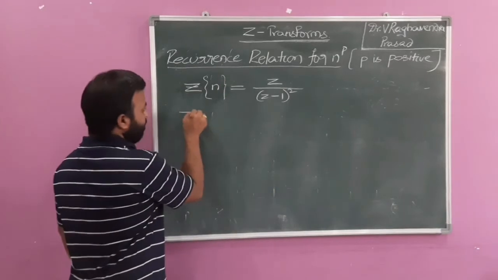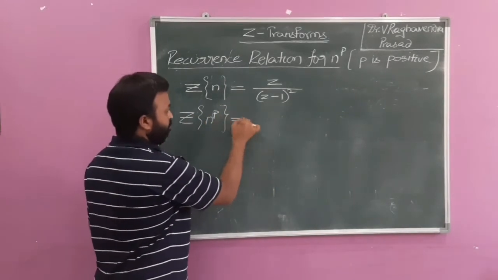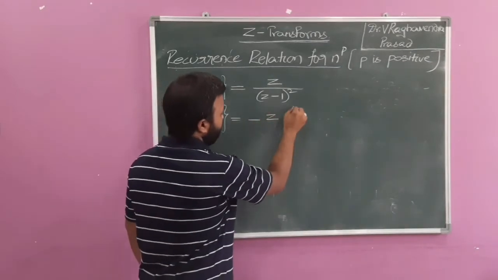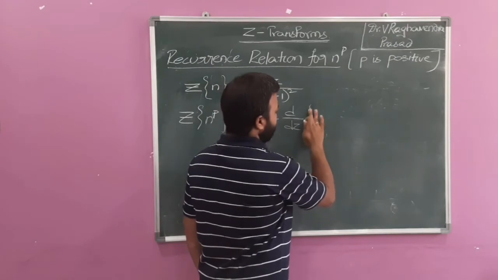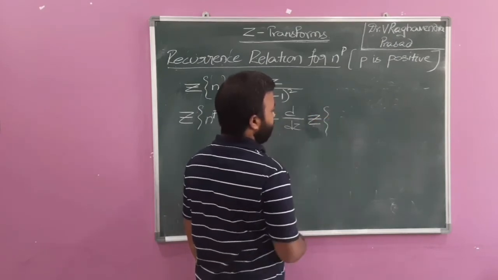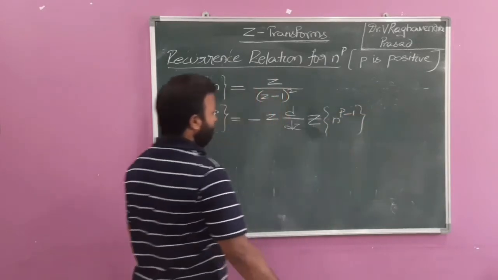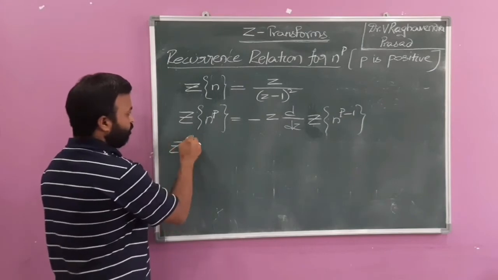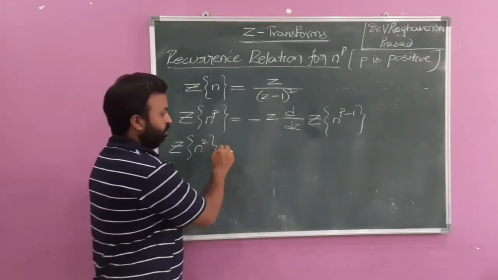Now the recurrence formula for z of n power p is minus z into d by dz of z transform of n power p minus 1. Now we need to find out z transform of n square, that is for p equal to 2.